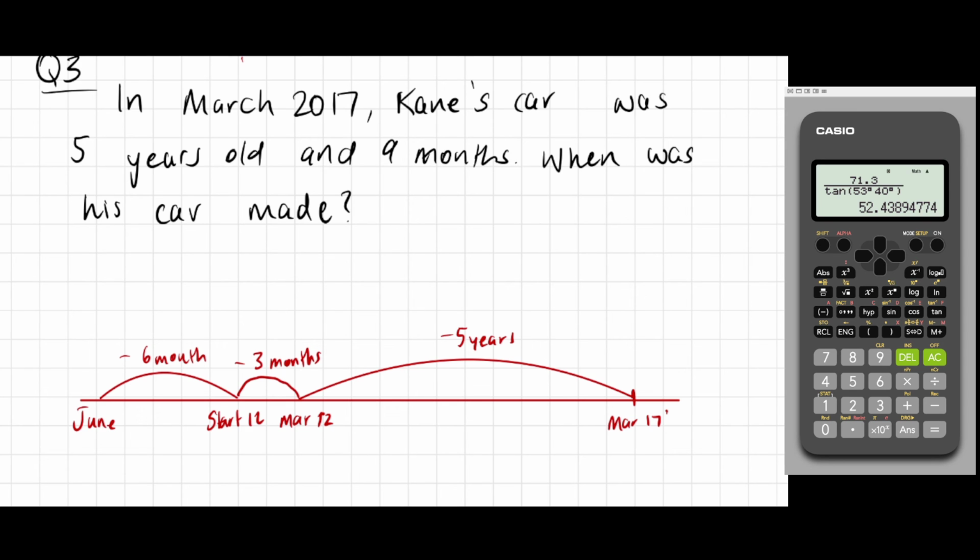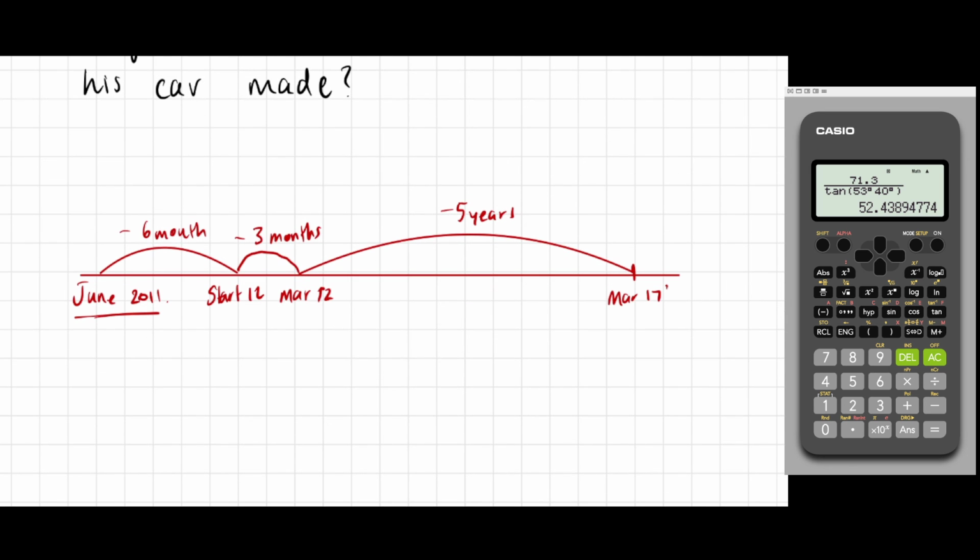It's not 2012, because if it's at the start of 2012, it goes back to the end of 2011. So it's going to be 2011. In June 2011 was when his car was made. Alrighty, so hopefully that helps you guys get started on this one today.